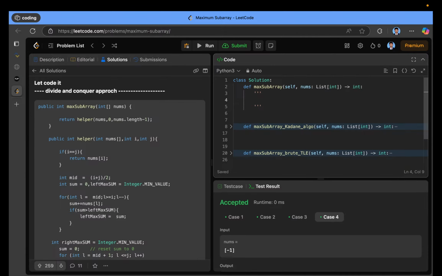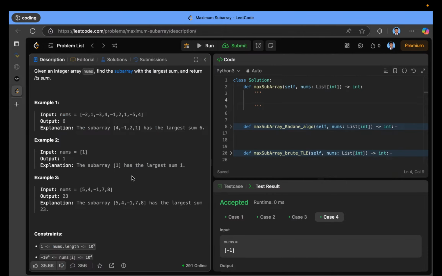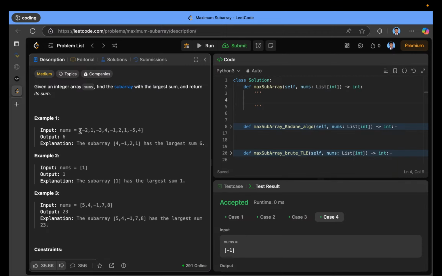Okay, so now what we have, let's take this one, copy, paste.